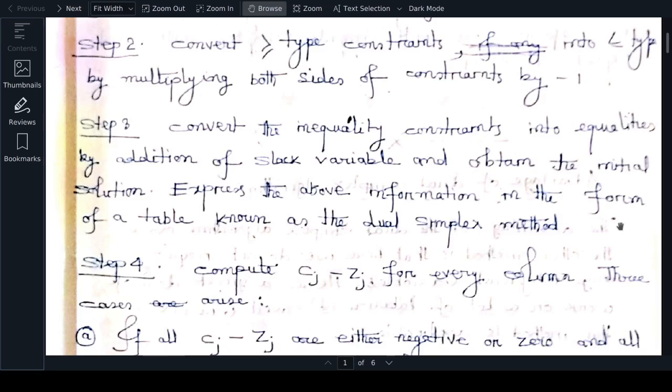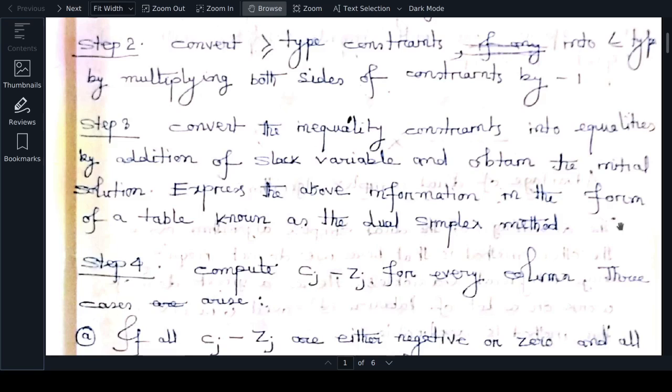The second step is what? All constraints should be less than or equal to. If the greater than or equal to sign is present, then we convert it into less than or equal to by multiplying both sides by -1. Okay, so this is the second step.